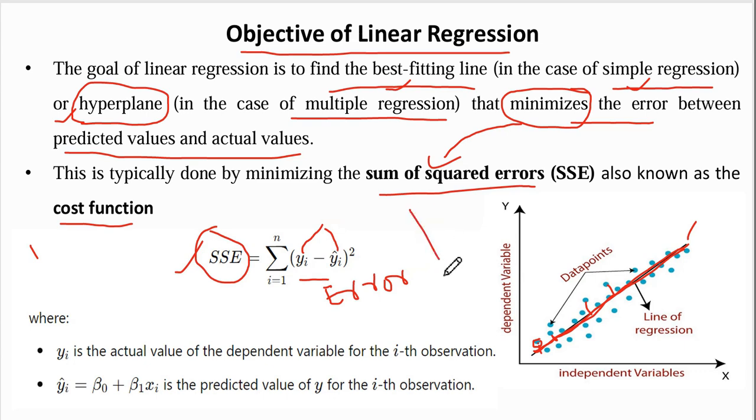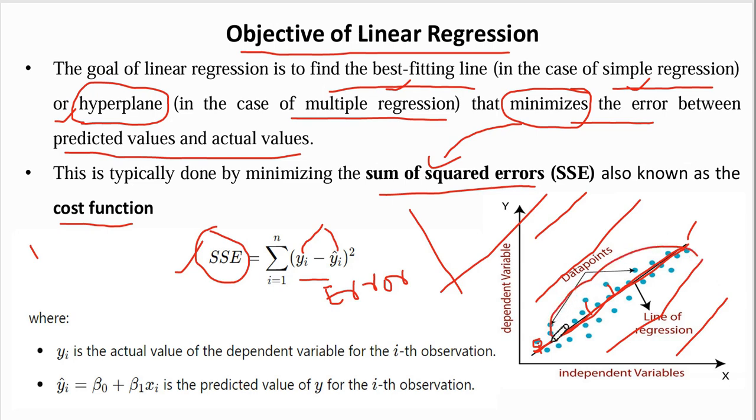We may get different straight lines to these points. For example, this is one straight line, this may also be one, and this, and this, and this. Observing these 1, 2, 3, 4, 5 straight lines, out of those 5, this straight line covers all the data points, and all these data points are nearer to this line.